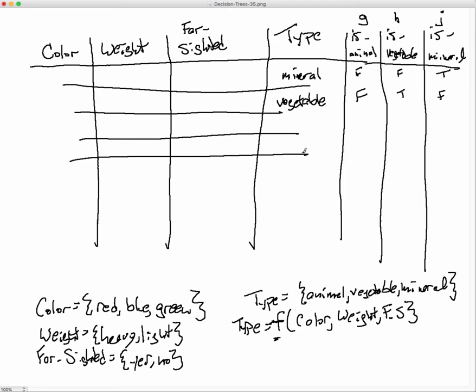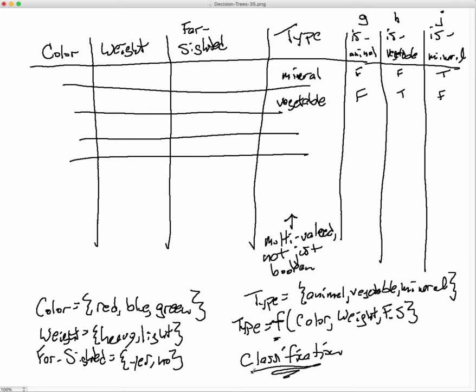The whole point is that the output variable here can be multi-valued, not just Boolean. And for that reason, decision trees can be used for classification, something we talked about in naive Bayesian inference. So this is another way of doing classification. I hope everybody's clear on that.